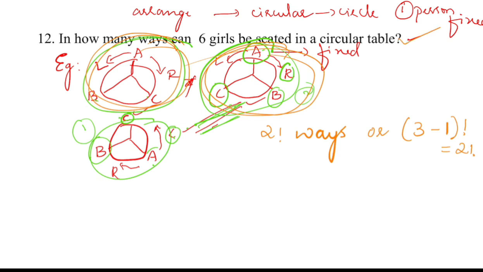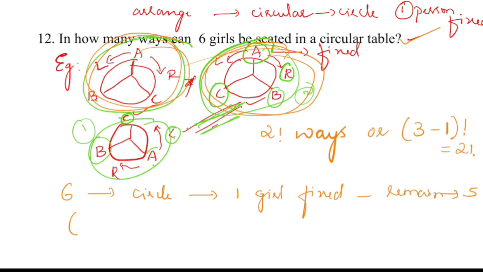So now coming to this question, 6 girls have to sit at a circular table, isn't it? So what will we do? We will make one girl fixed. When one girl is fixed, how many are remaining? Remaining are 5, isn't it? So therefore 6 girls minus 1.